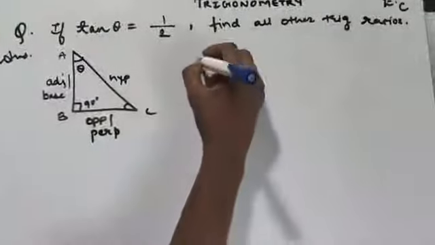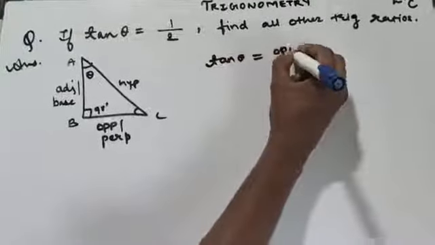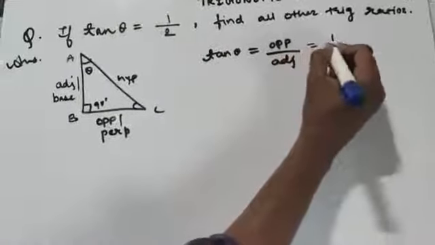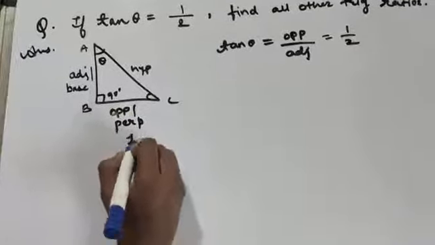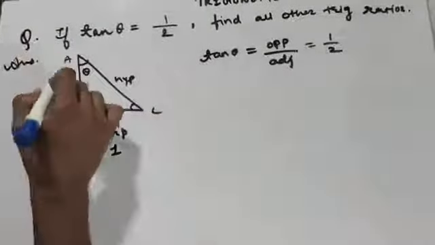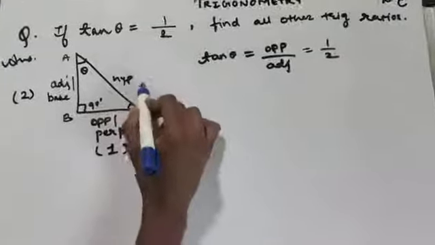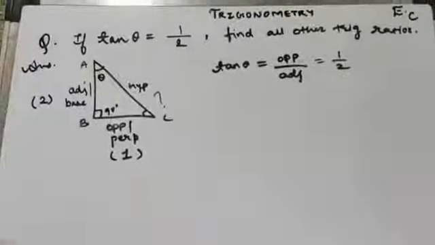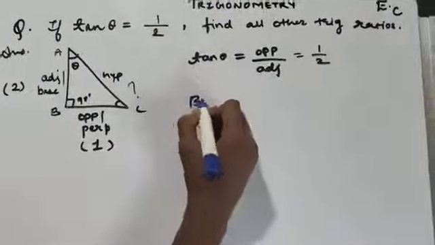So here we have tan theta, which is given as opposite side upon adjacent side, which is 1 by 2. So here the opposite side, that is side BC, is 1, and the adjacent side, that is side AB, is 2. We have to find side AC. How do we find side AC? By using the Pythagoras theorem.